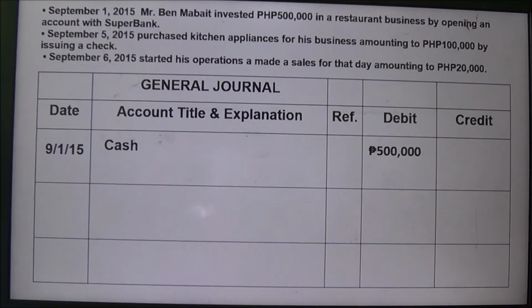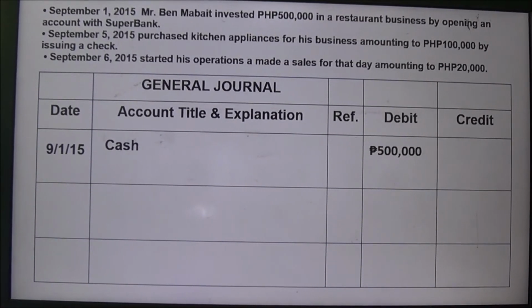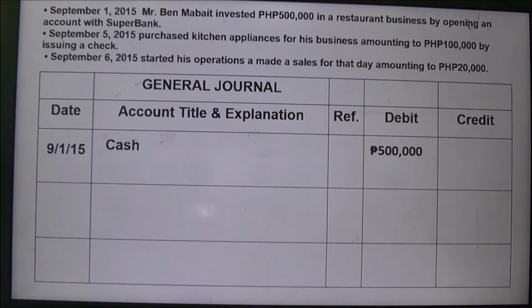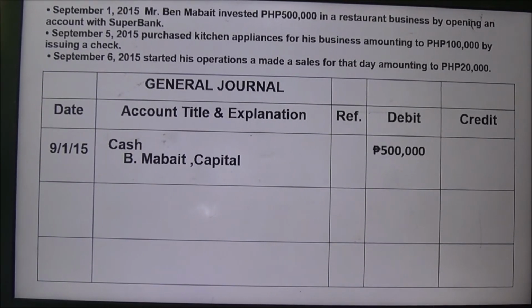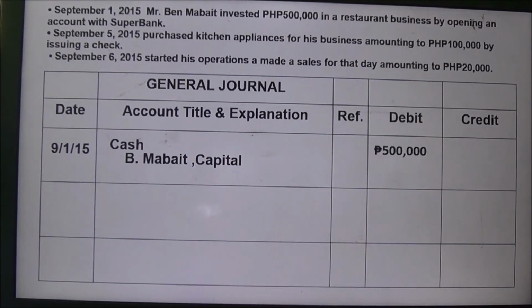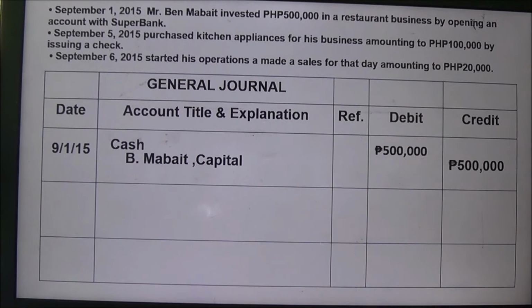So Mr. Ben Mabait invested, so it means his capital account. So, Ben Mabait's capital account will be credited. And then we write the brief explanation to record investment of Mr. Mabait.